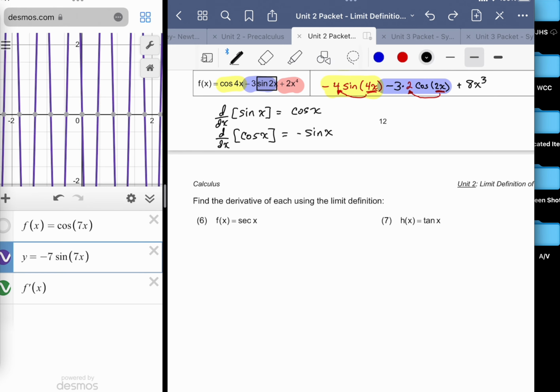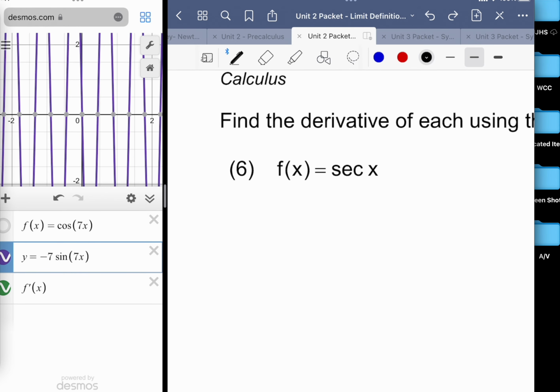All right. So back to scratch. Limit as h approaches 0. So f of x plus h is going to be secant x plus h.